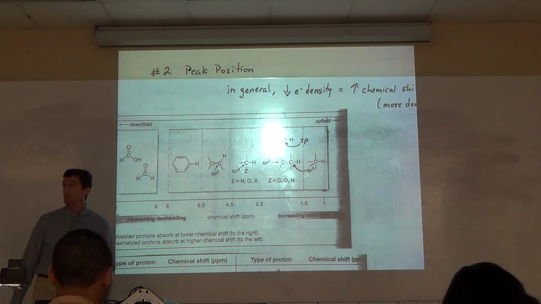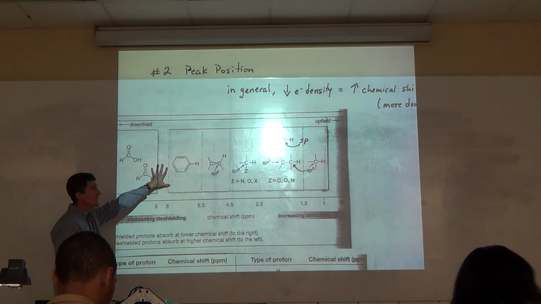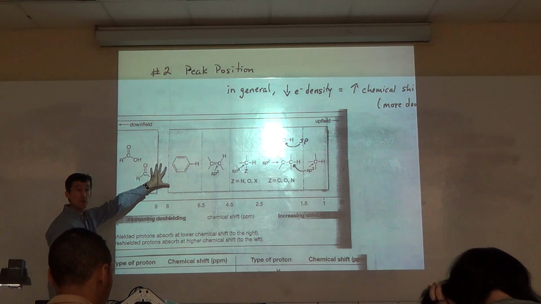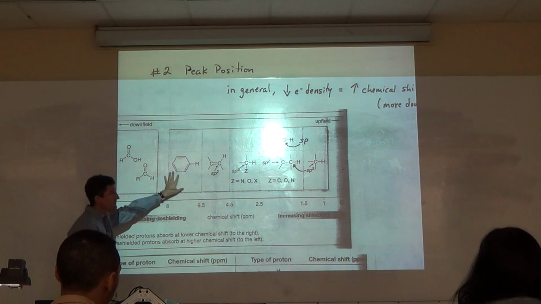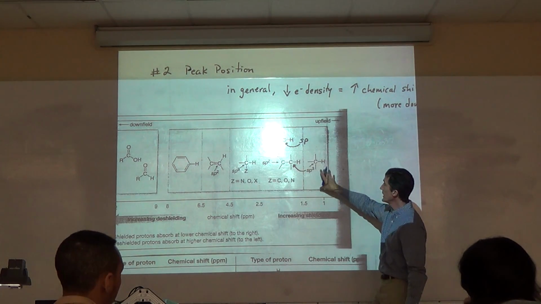Okay, number 2 is going to be peak position. There are a number of charts. The first chart is the most generic; it lists functional groups. Again, everything we're doing is proton right now.